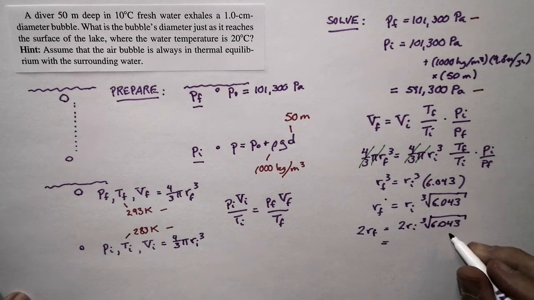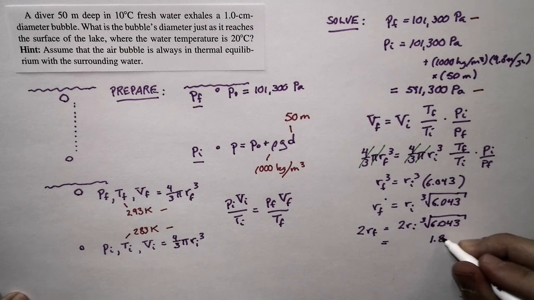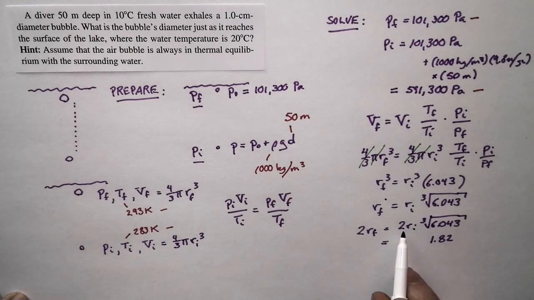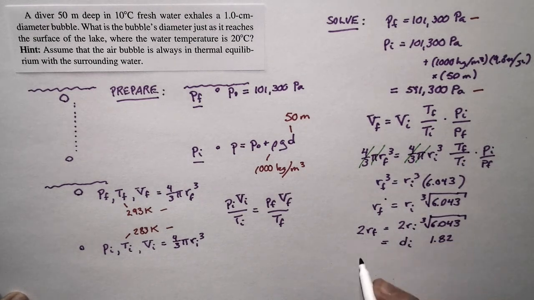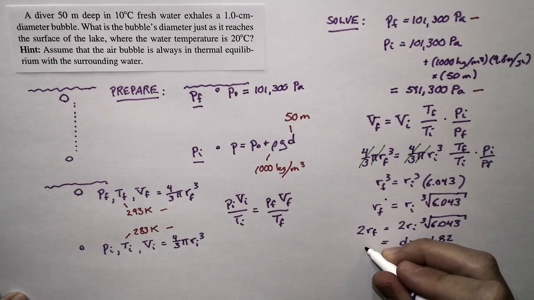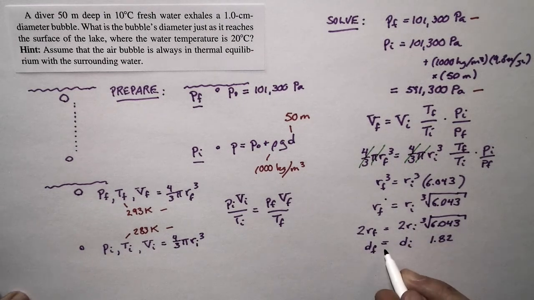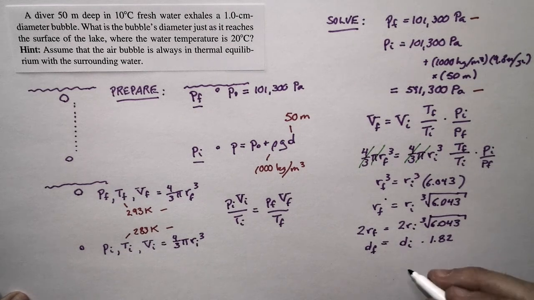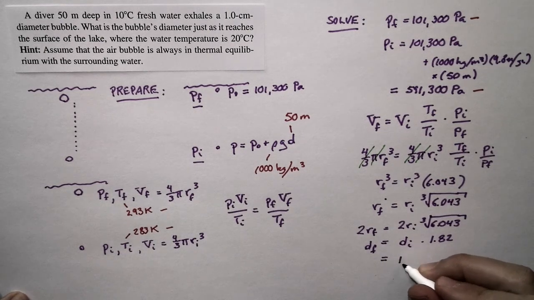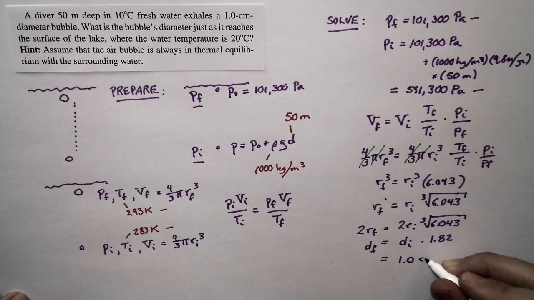Well, this number I can calculate. The cube root of 6.043 is 1.82. And notice this: 2 times the initial radius, well, 2 times the radius is just the diameter. So this is the initial diameter. 2 times Rf, again, that's just the final diameter. So the final diameter is equal to the initial diameter times 1.82. The initial diameter was 1.0 centimeters.